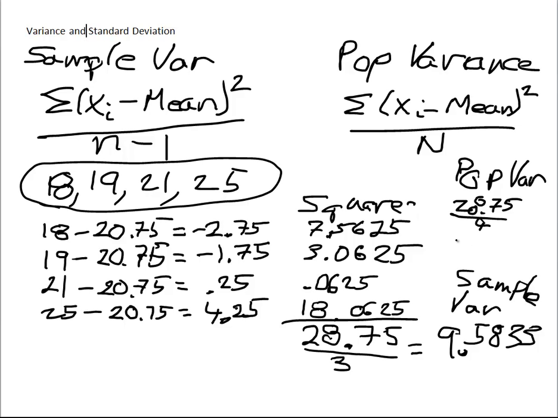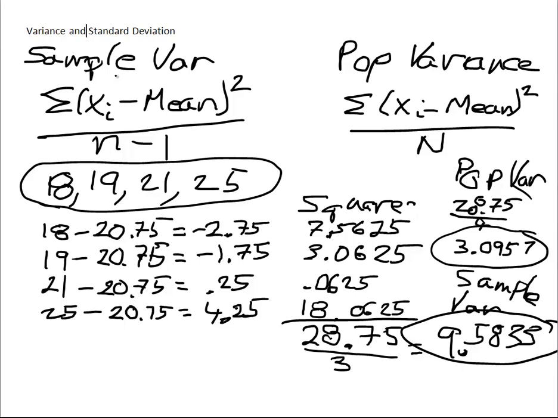I calculate 7.1875. Okay, so now I have my population variance, which is just 28.75 divided by 4. There's my population variance. Actually, I probably should surround both. And there's my sample variance.